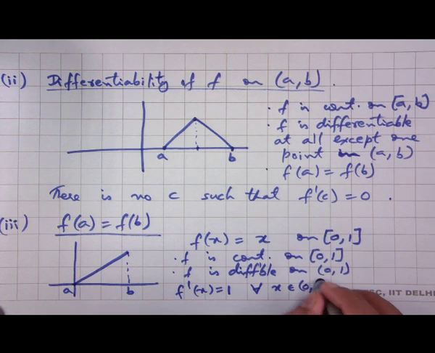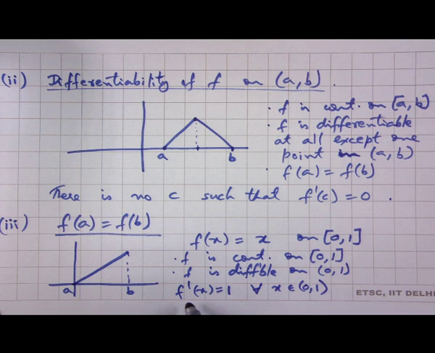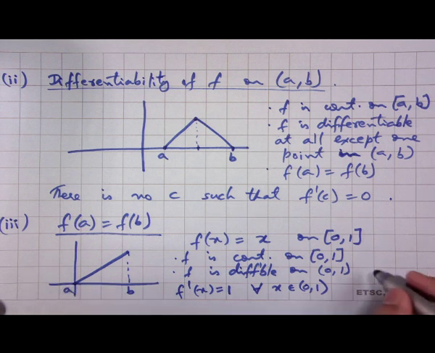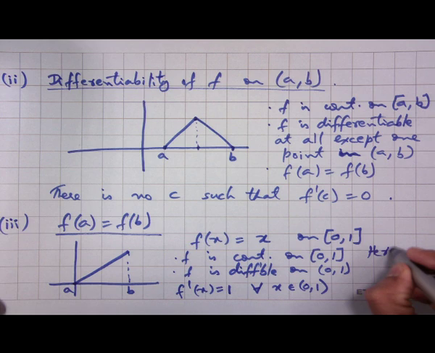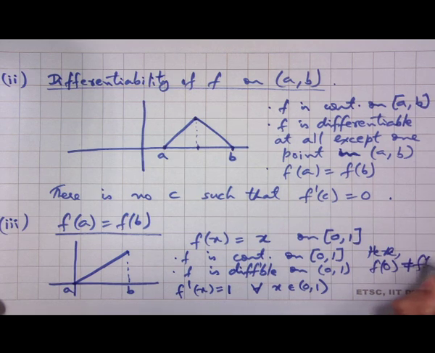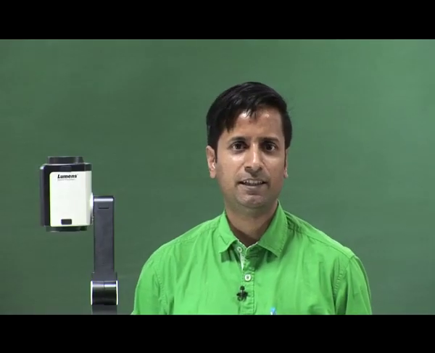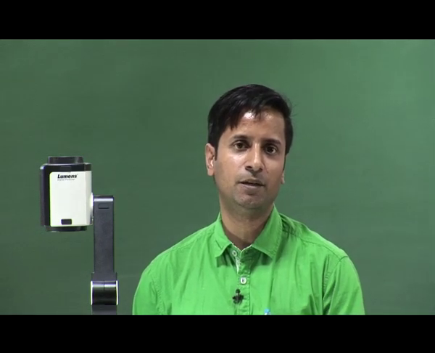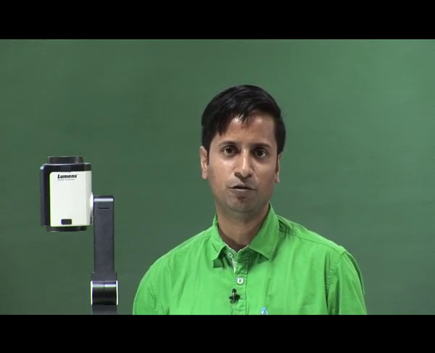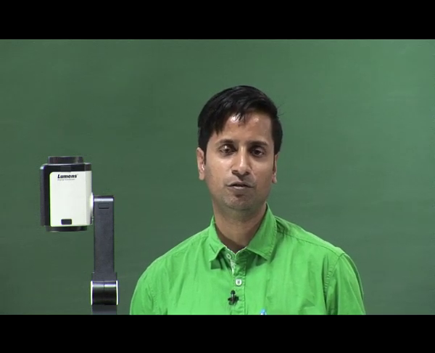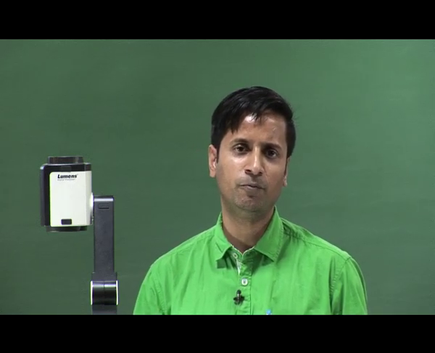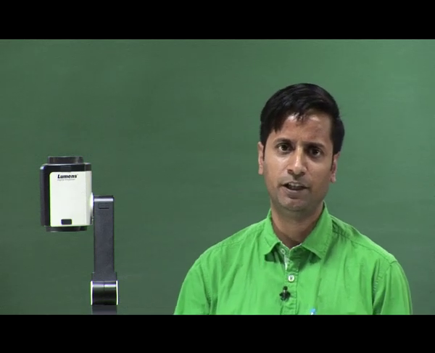So, there is no c where f prime of c is equal to 0, but here f of 0 is not equal to f of 1. These three examples show that all the three assumptions in Rolle's theorem are necessary for the conclusion that f prime of c is equal to 0 at some point in the open interval (a, b). If even one of them fails, then the conclusion need not be true.